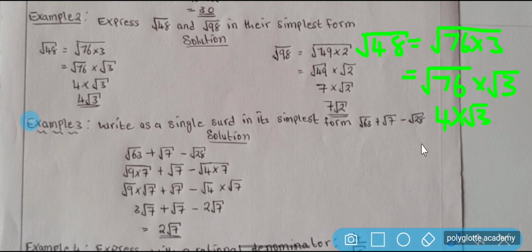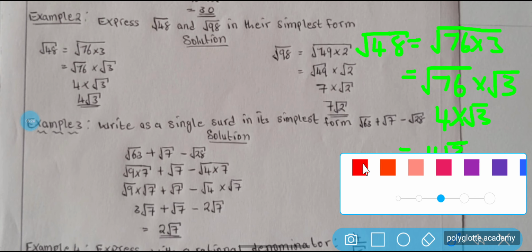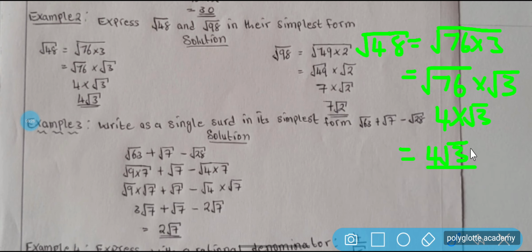So this one will boil down to 4 root 3. And this is the answer. And we can tick that with a red, that we found the answer. So that is the correct answer.